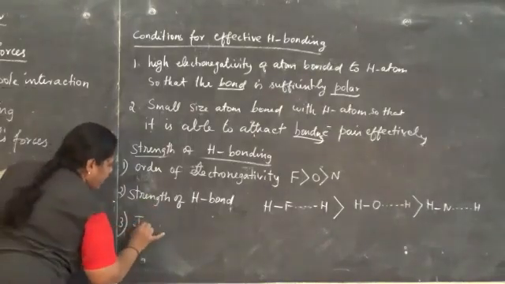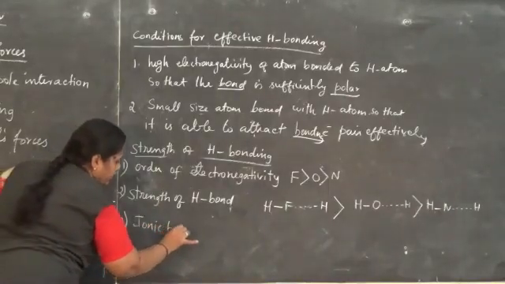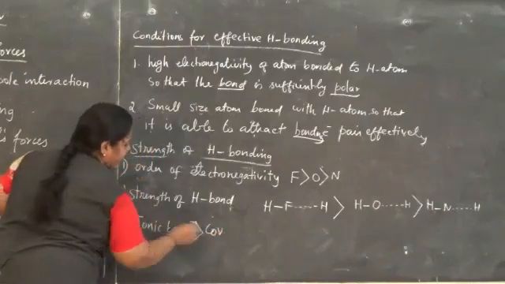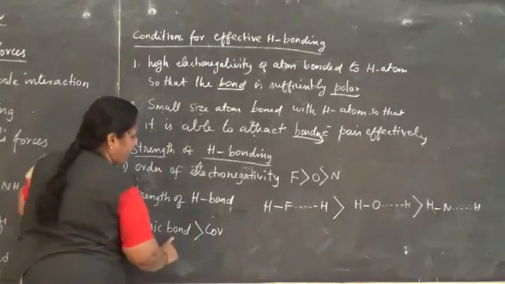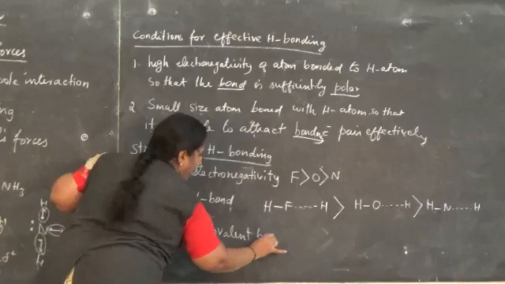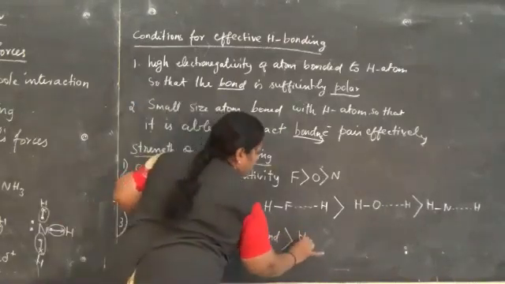What about ionic bond? This is one more question. Ionic bond is stronger than covalent. The strength is expressed in the increasing order. Ionic bond, covalent bond. Hydrogen bonds are weaker than covalent bond.